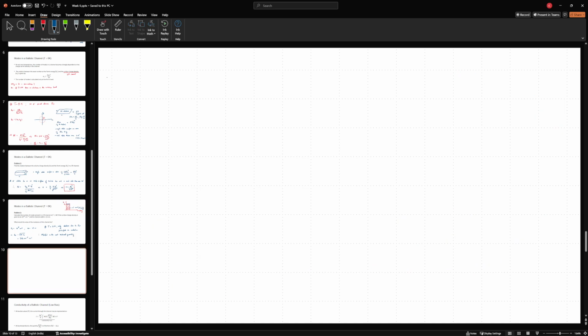Now I know kf is equal to 2 pi by lambda f, where lambda f is the Debye wavelength at the Fermi level, which implies lambda f is going to be 2 pi by kf.